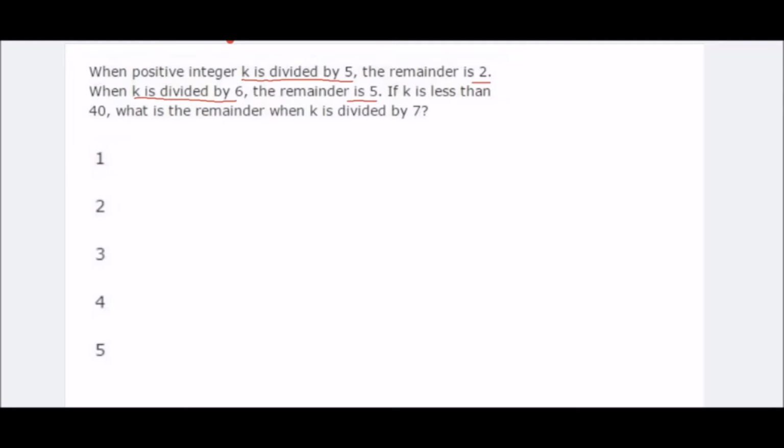From the first and second condition we can analyze that the k value should be one which is divisible by 6 and 5, and leaves the different remainders 5 and 2 respectively. So k will become 1 into 6, and the remainder is 5, that's why we add 5, it will become 11.